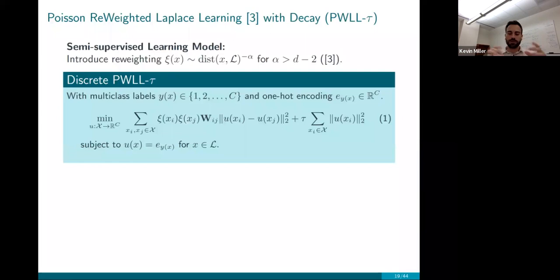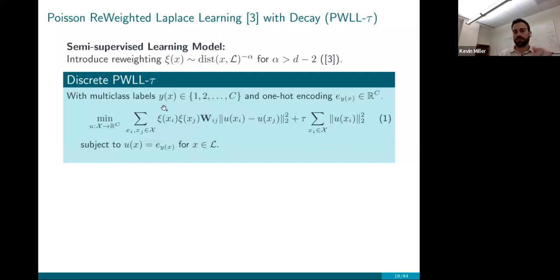That prototypical example of Laplace learning that I showed at the beginning, this is an adaptation of that, where in this variational form, the graph Dirichlet energy term now is reweighted by this reweighting Xi, where this Xi is highly reweighted near labeled points to ensure that this graph Dirichlet energy, and the whole overall graph-based semi-supervised classification problem, has a well-defined continuum limit model in the case of having these constraints at a finite set of points. I'll talk a little bit more about this in a sec.